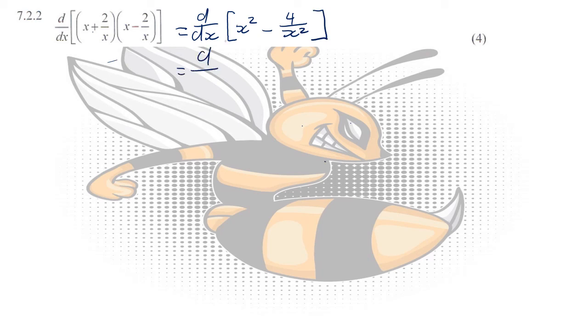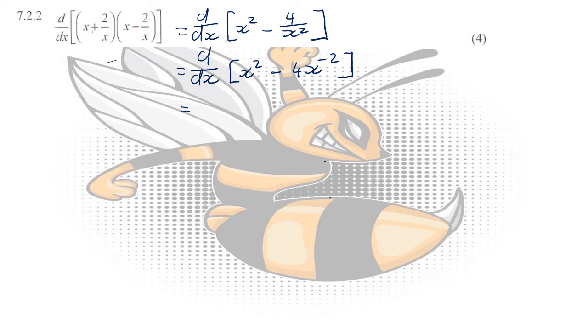And once again, we don't want this x to the power of 2 in the denominator, so we use our exponential rules to bring it up, so it becomes minus 4x to the power of negative 2, close bracket, and now it's safe to find the derivative.